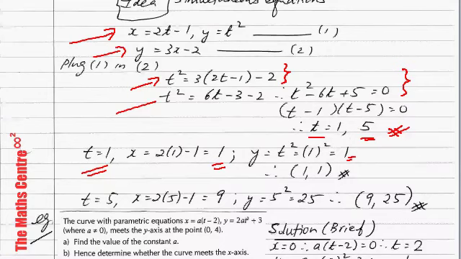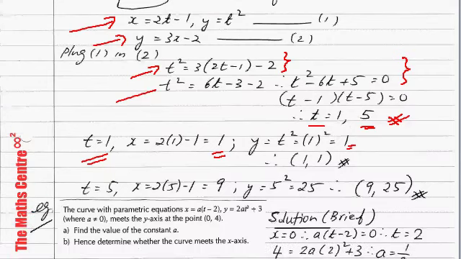Now let's look at another example involving points of intersection. Let's read the question first. The curve with parametric equations x equals a times (t minus 2), y equals 2at squared plus 3.